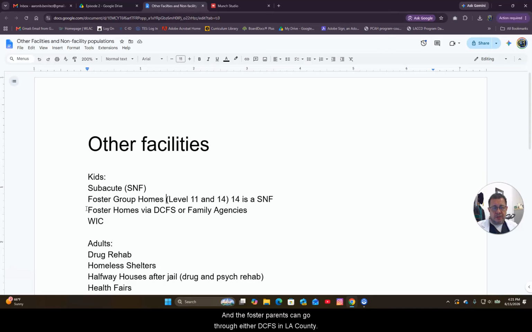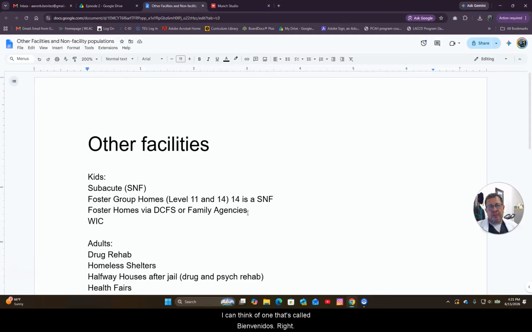And the foster parents can go through either DCFS in LA County, which is called Department of Children and Family Services, or they can go through a family agency. A family agency is like a nonprofit.